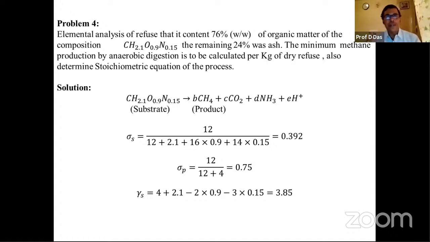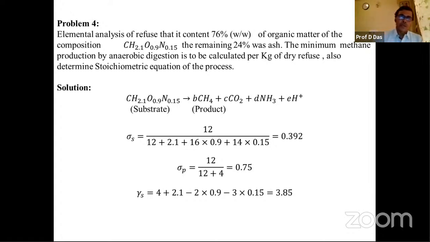Because we know in the anaerobic digestion process, the organic matter is finally degraded to methane and carbon dioxide, also some ammonia by the deamination reactions, and some organic acid might be present in the medium.